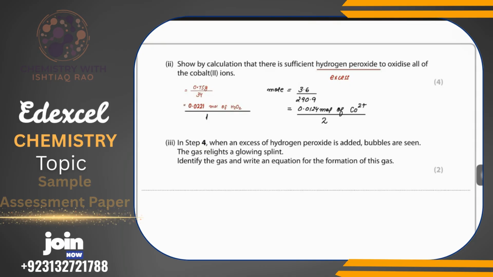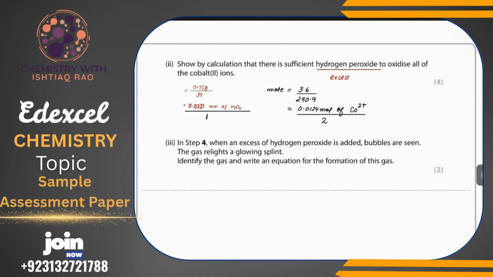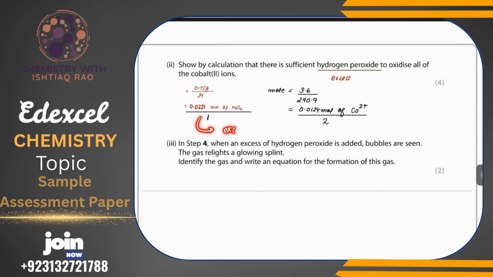Of course, after dividing by 1 it gives the same number, and dividing by 2 you have to decide which is lower and which is higher. Of course H2O2 would be higher, 6.188 times 10 raised to negative 3, hence there is sufficient hydrogen peroxide.